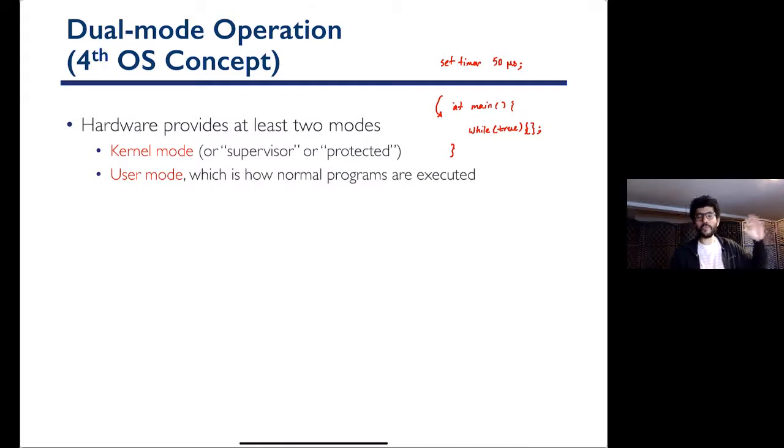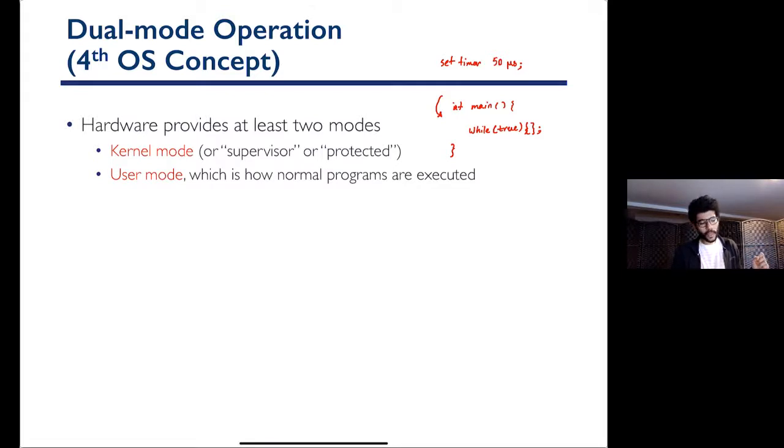You can configure a timer to raise an interrupt, and maybe the operating system does that. So it says, okay, timer, I'm setting you to 50 microseconds. When you get to 0, raise an interrupt. And when an interrupt happens, the hardware switches to the kernel and takes care of what should be done.